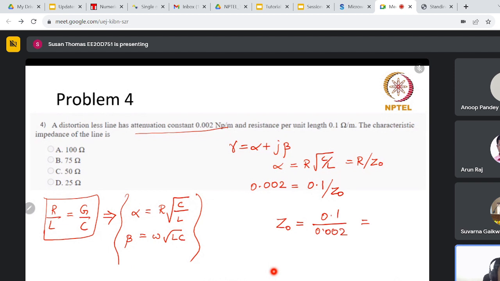Can you tell me the answer for this? Among the options A, B, C, D: 50. Yes, 50 ohm.